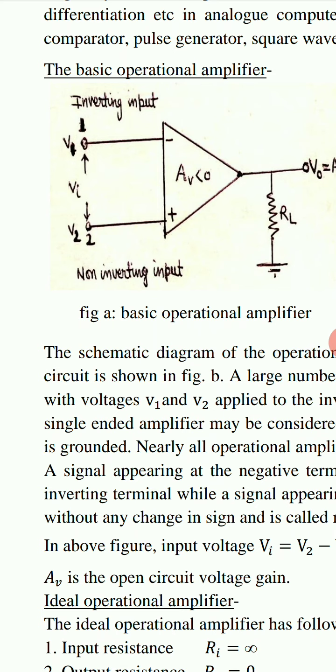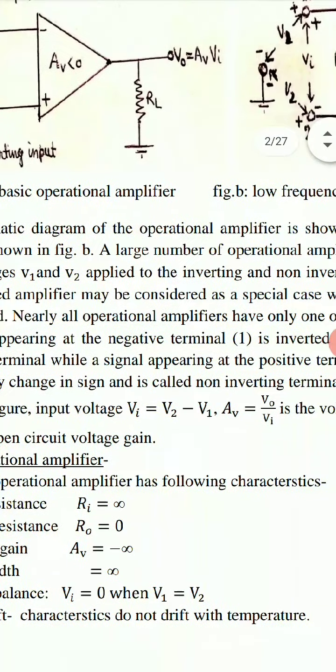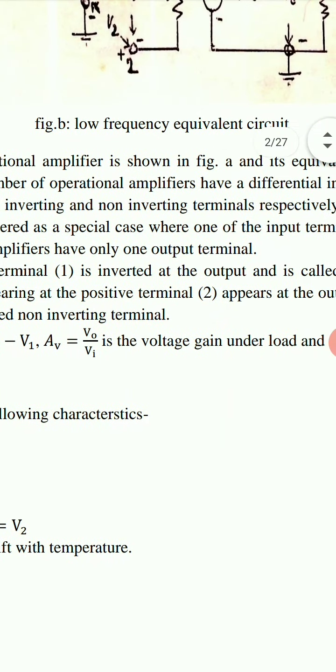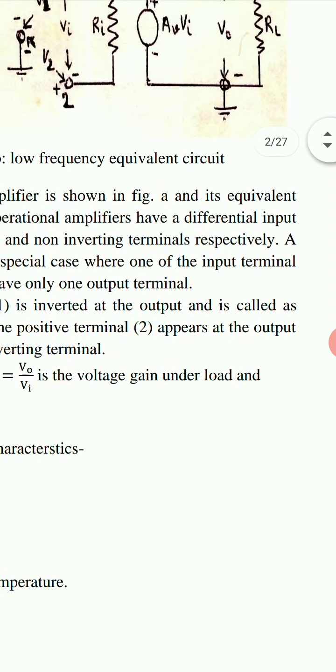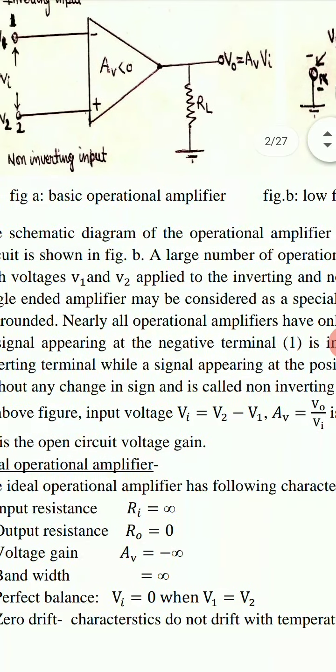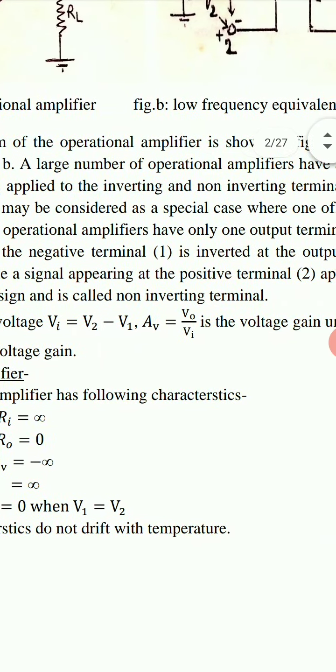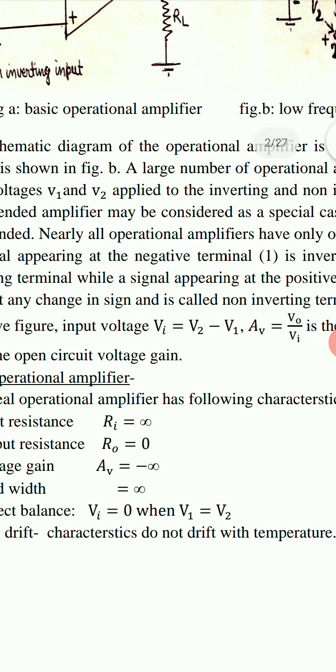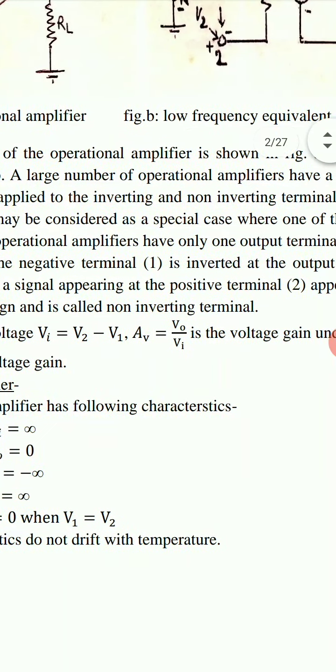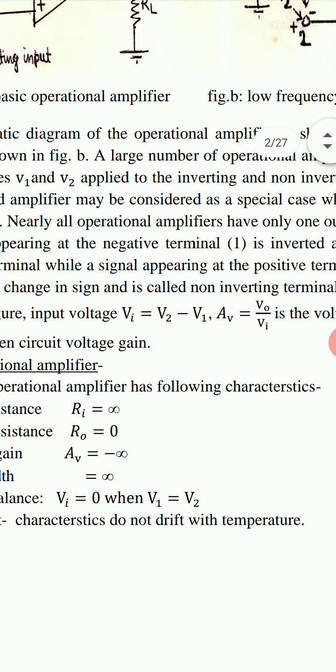Voltage V1 is applied at terminal 1, that is inverting input, while voltage V2 is applied at terminal 2, which is non-inverting input. Nearly all operational amplifiers have only one output terminal.